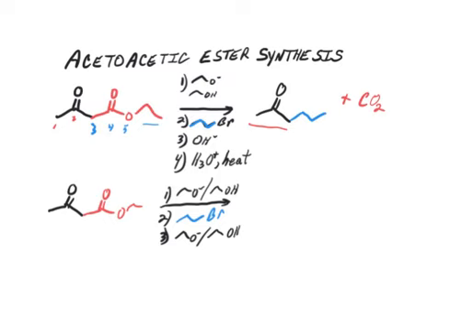followed by a different alkyl halide. In this case, I'll use this bromide in green, and then I'll hydrolyze it with hydroxide, followed by acidification and heating to do the decarboxylation.